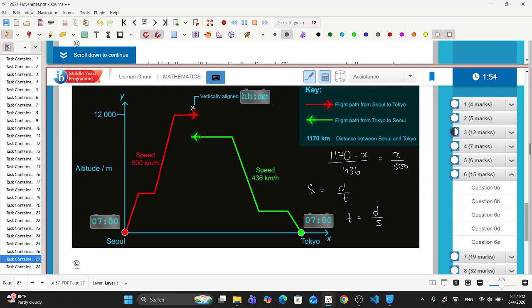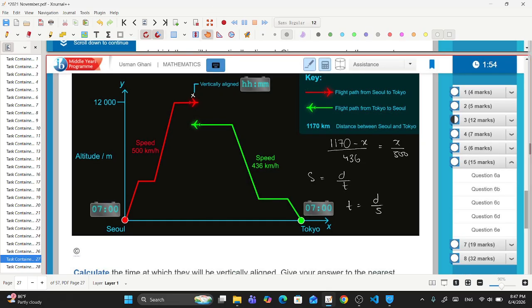So I'm supposed to be cross multiplying here. Let me just start charging my device again.